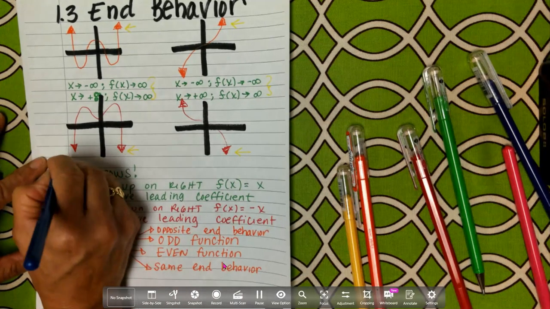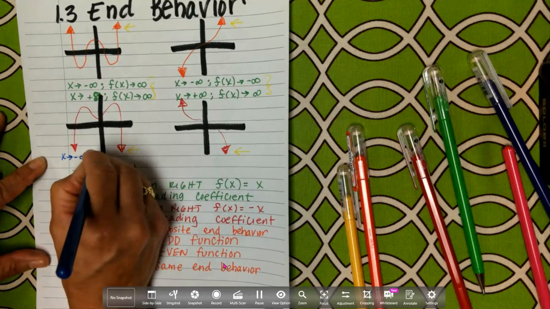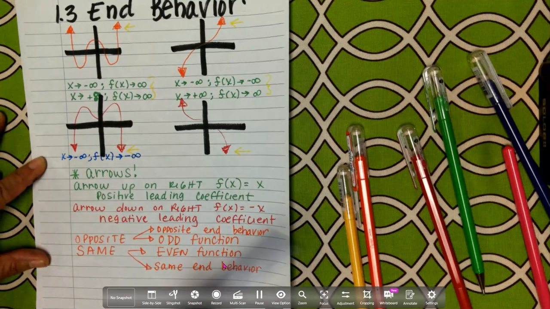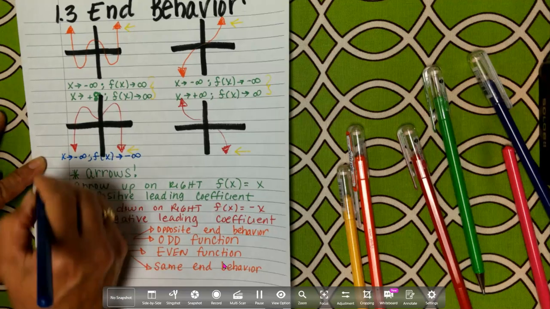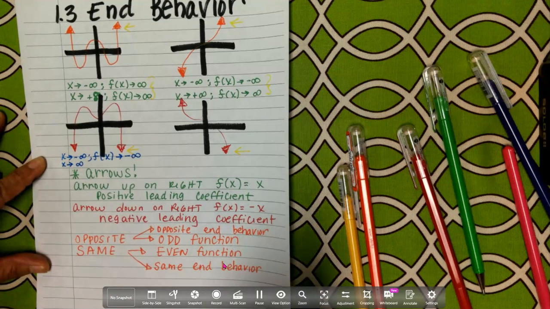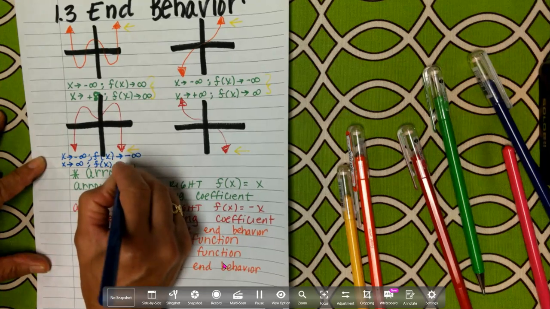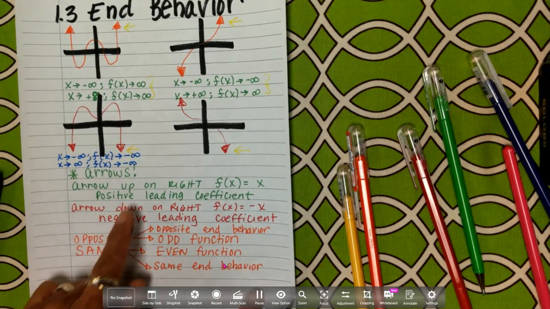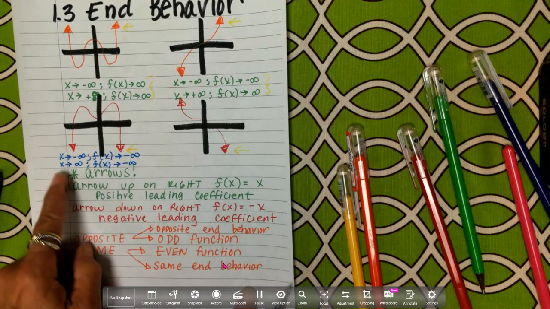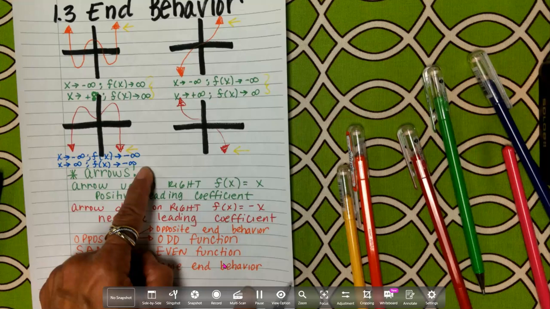Look, as x approaches negative infinity, here's my left side arrow, f of x is approaching negative infinity. However, on the right side, if my inputs get larger over here, my outputs are still getting smaller. See how they have this same end behavior for the outputs. No matter if they're getting larger or smaller as inputs, the outputs are always getting smaller.